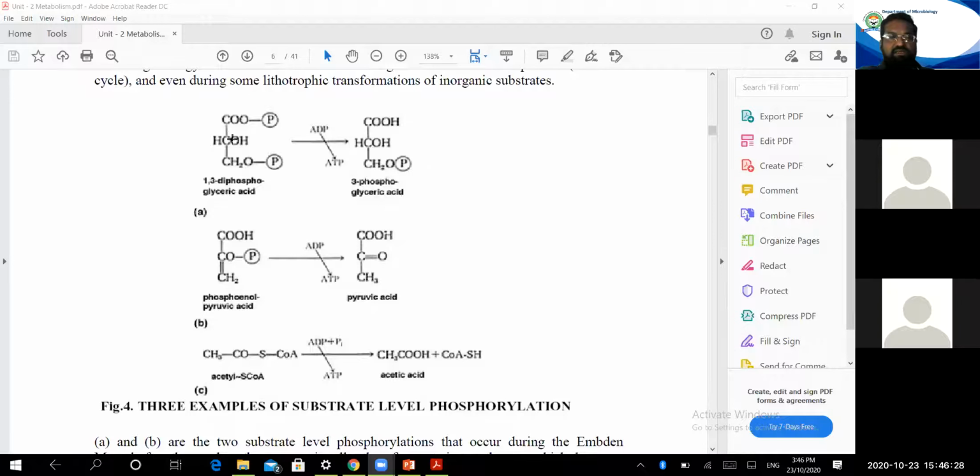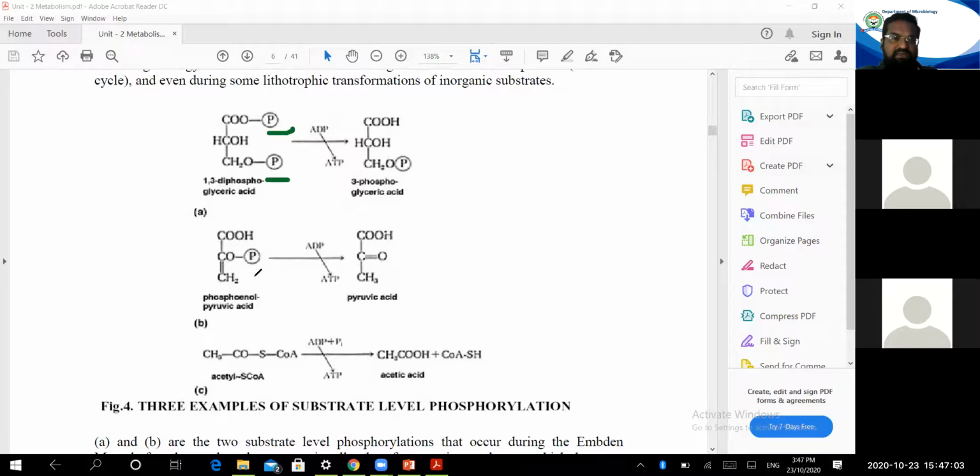What is this compound? 1,3-diphosphoglyceric acid means onto the glyceric acid at carbon number 1 and carbon number 3, at this point and at this point, there are two phosphorus groups attached. So we call it diphosphoglyceric acid, a glyceric acid which has two phosphorus groups attached to it. 1,3 explains the position of the phosphorus groups, carbon 1 and carbon 3.